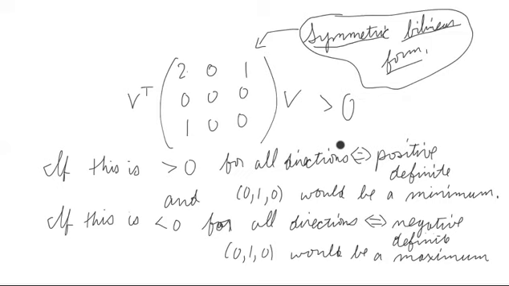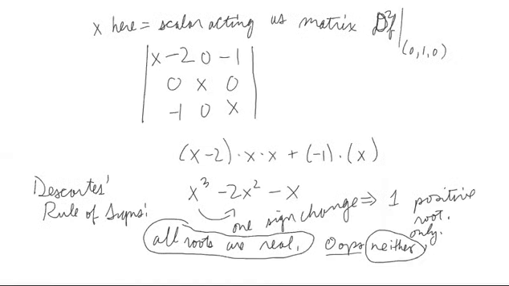If it's a mix, then it's neither a max nor a min. If it's all positive, it's a minimum. If it's all negative, it's a maximum. That's pretty much it. But just to give some intuition to what's going on, that's why we discussed those ideas preceding this. All right, so let's actually work through this.